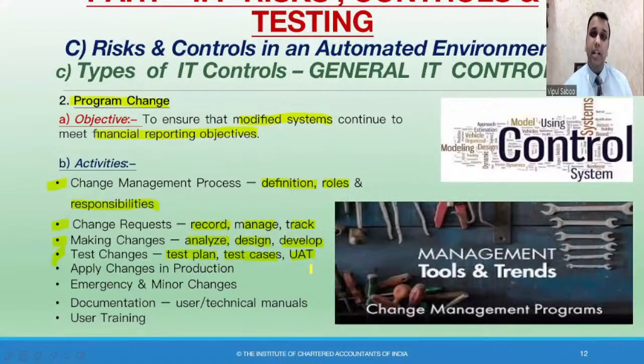But when I print that particular report, my name does not display upon the page as a footer. There is a bug or there is an error with this particular command. And I find more such errors in the system or in the software. I ask the IT team that please, this needs to be changed. So I have made a request.